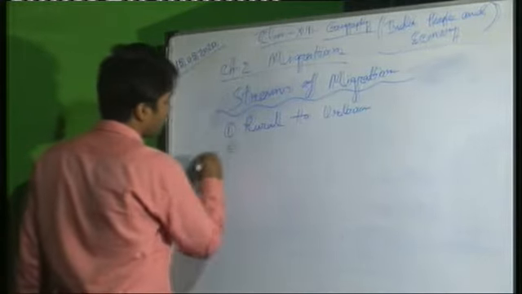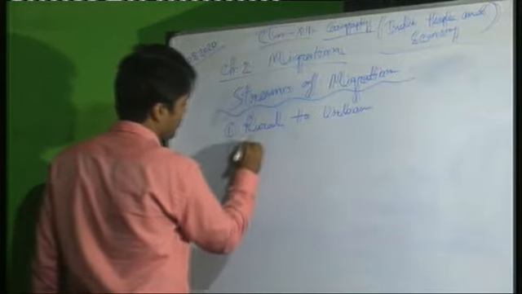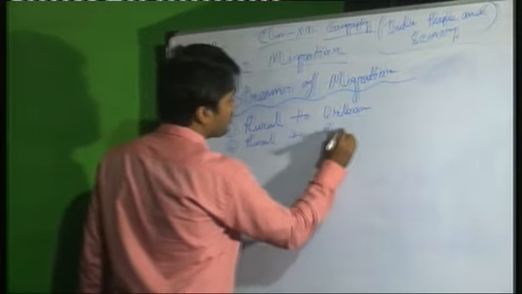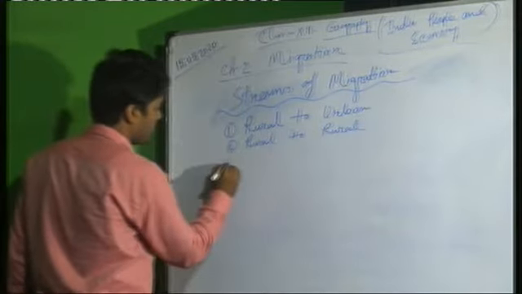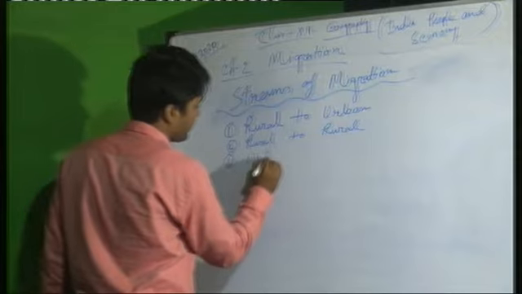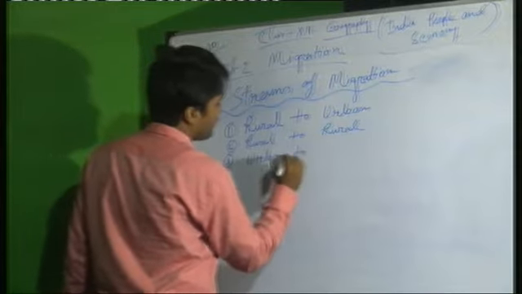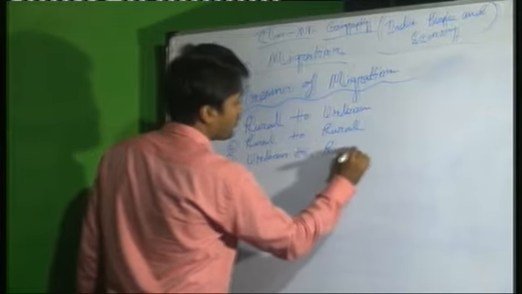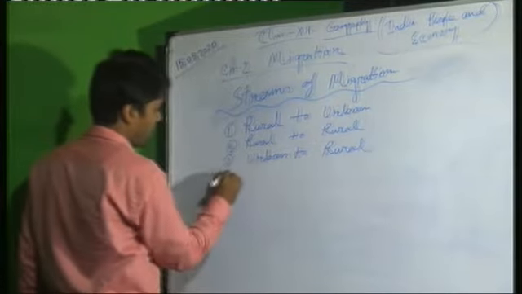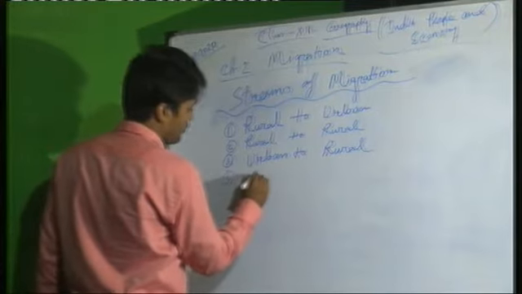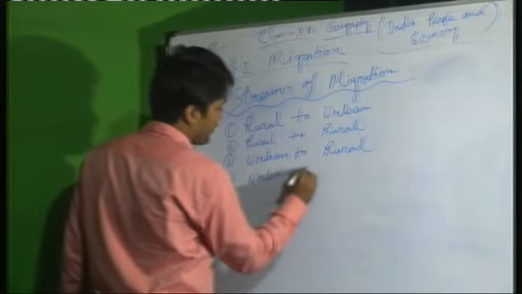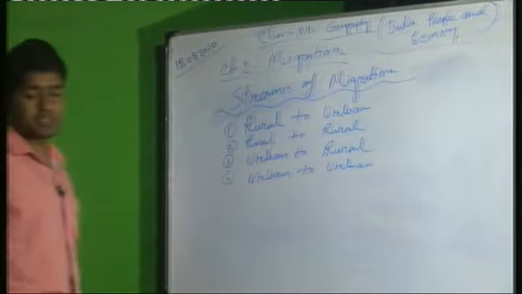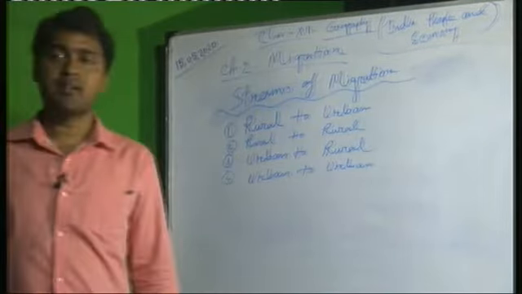Number 2, rural to rural. Number 3, urban to rural. And number 4, urban to urban. These are the four streams of migration found in our country.